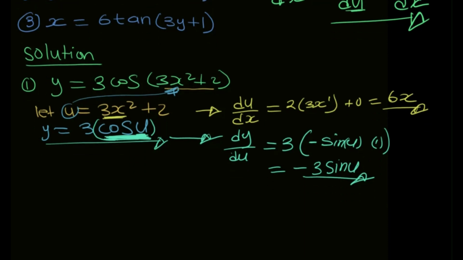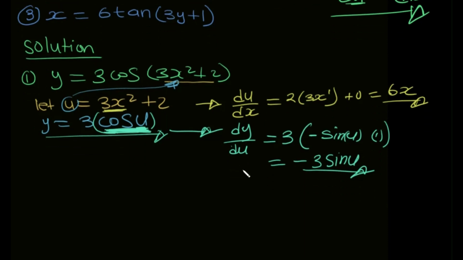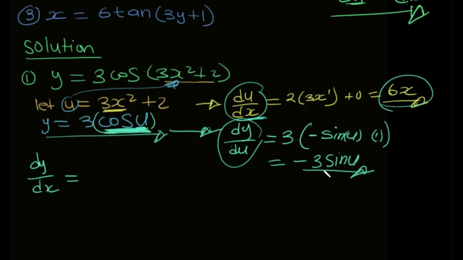Cool. So we have dy/du, we have du/dx. Now what is the answer? dy/dx is equal to the product of these: just multiply this with that one and we get our answer. Let me write it down. dy/dx is dy/du multiplied by du/dx.